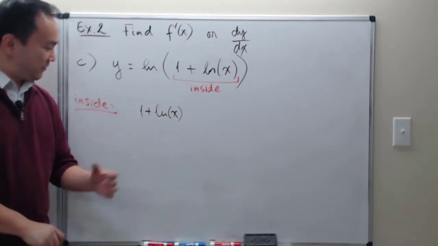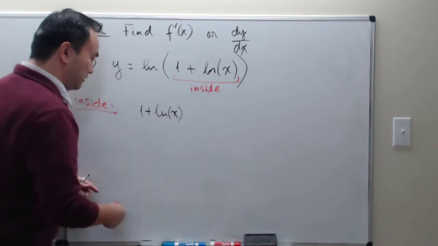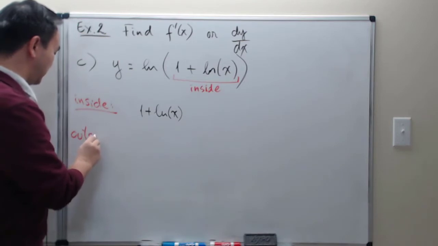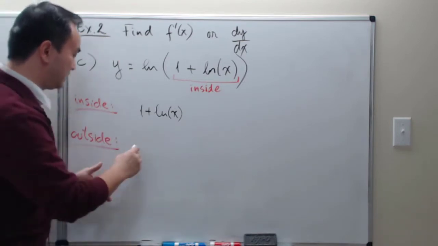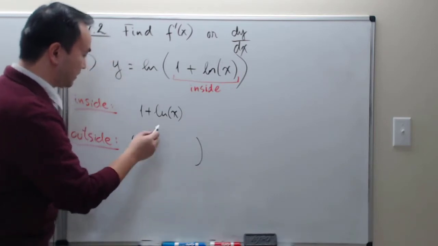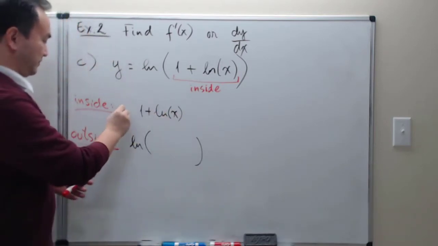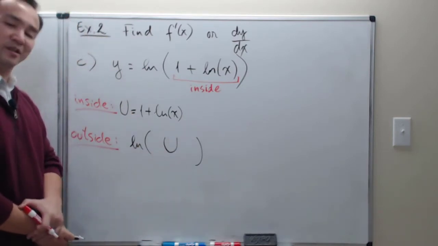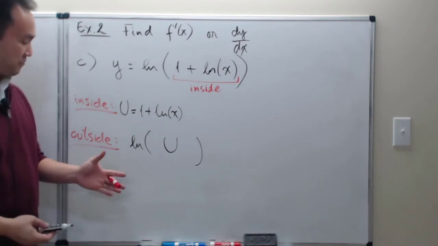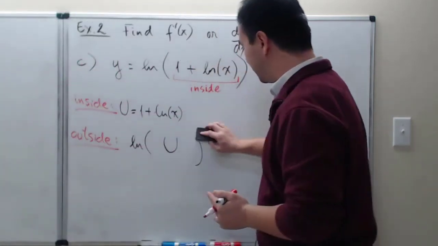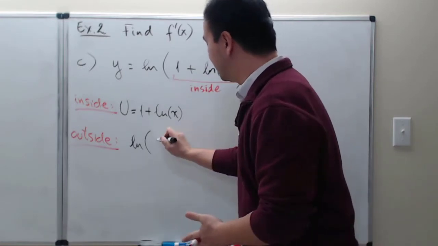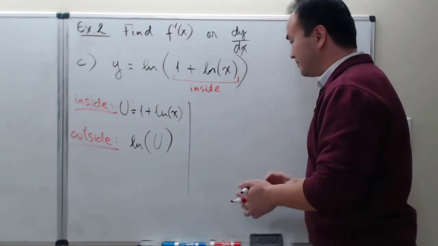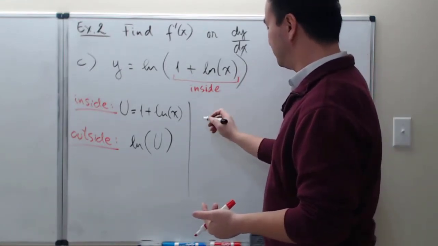Okay, and now if that is the inside, our outside is just that natural log of, and all of that goes inside. In the end, it's always a good idea to use a little substitution there. Now to get ready for our chain rule, I'm going to restate the chain rule a little bit.